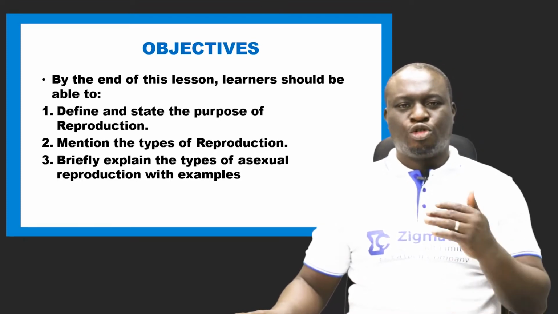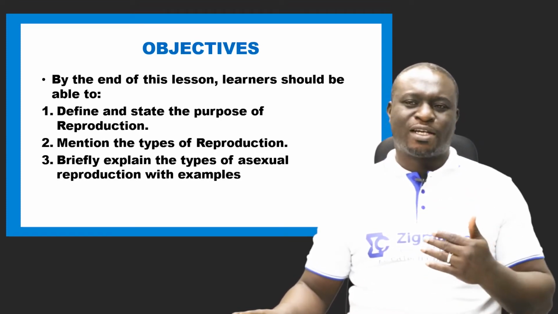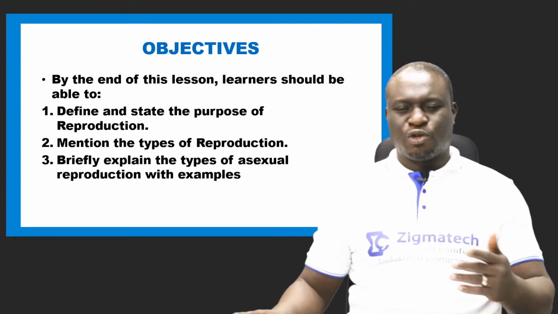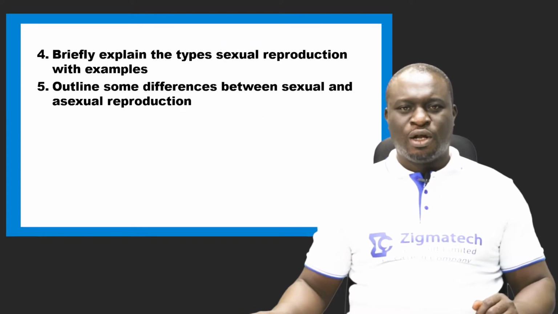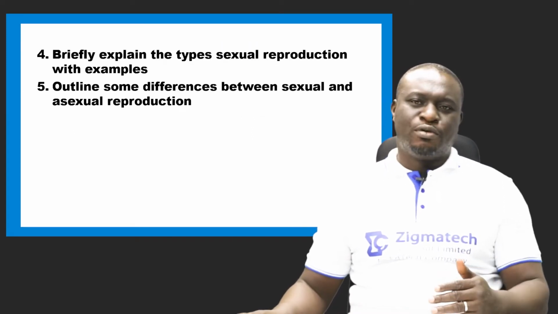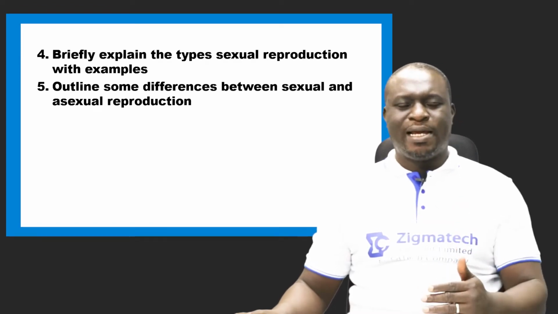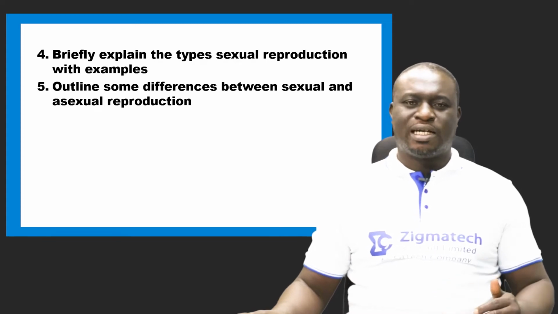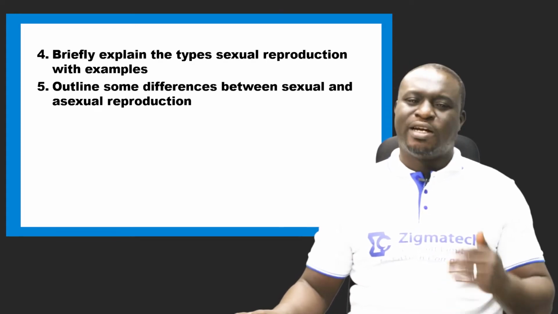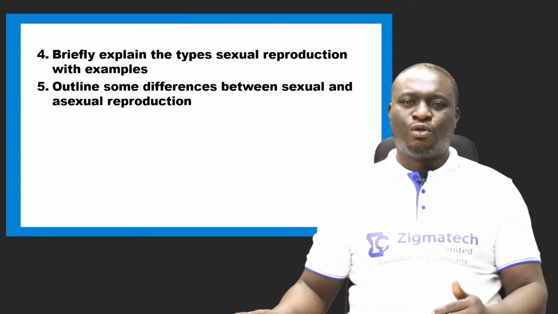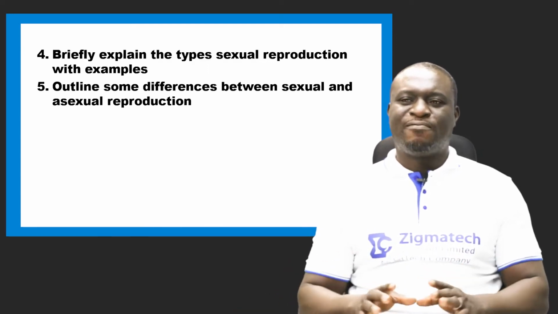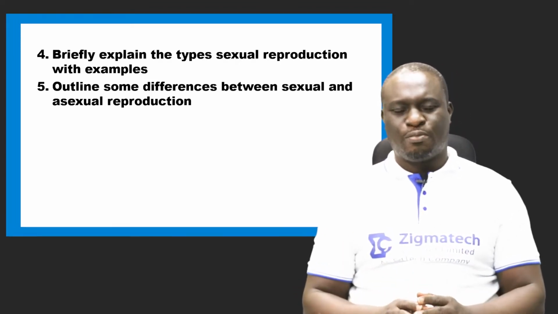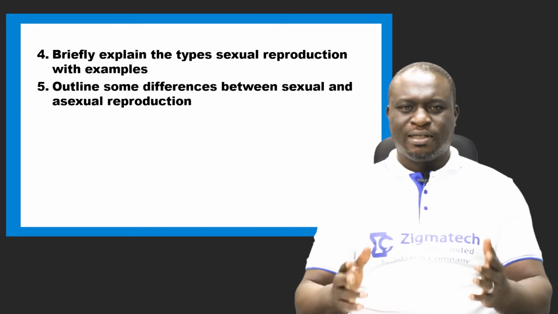Number three, give a brief explanation of the types of reproduction and also give some examples in each case. Number four, briefly explain the types of asexual reproduction and give some examples alongside. And number five, outline some differences between sexual and asexual reproduction. Now, if you are set, let's start.